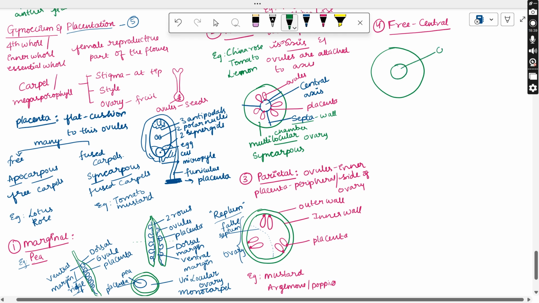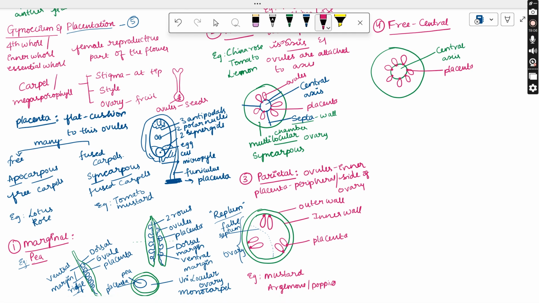The ovules are attached to the central axis only, which means the placenta is also present on the central axis. The ovules are attached to the placenta, the cushion type of structure, and the placenta is present on the central axis. That type we call a free central type of placentation.